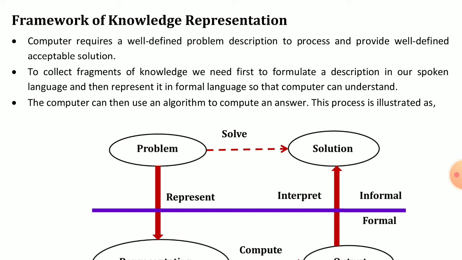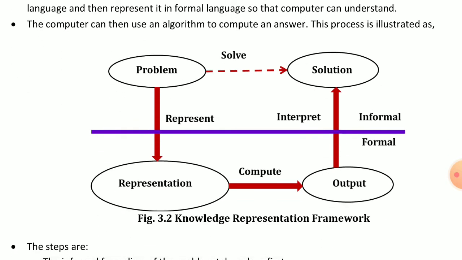So the process is given in figure 3.2, knowledge representation framework. First the problem is given, then we can solve the problem. So a dotted line is given and it is connected with the solution. Now problem representation: how we can explain the problem, how we can understand the problem.